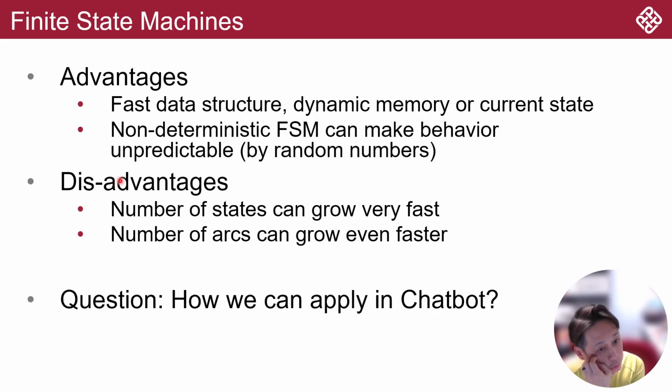The advantage of the finite state machine, of course, is a really clear, fast data structure. Although you have lots of dynamic content, you can classify it in a really proper way. You can also handle unpredictable situations: you throw a random input into different states and see which state the answer matches, and then come up with the correct situation.